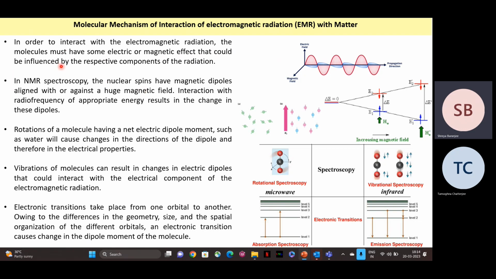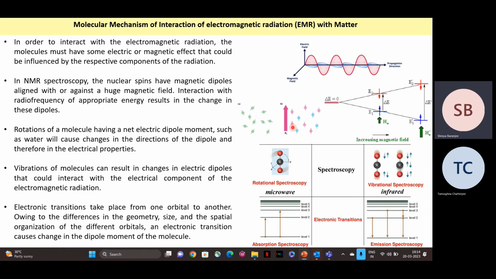So in NMR spectroscopy, just to recap, the nucleus has a spin, and in the absence of a magnetic field, these spins are randomly oriented. But when an external magnetic field is applied, these spins orient either parallel or anti-parallel to this external magnetic field. And this results in splitting up of energy levels.